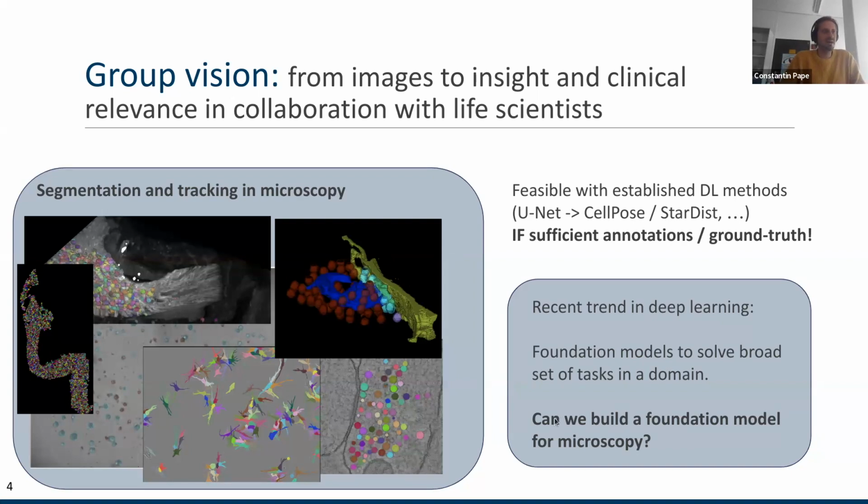So this is the whole motivation for the talk today: to look into the ideas that we had to build foundation models for microscopy, and of course, specifically Segment Anything for segmentation, but also talk a bit more about the outlooks on this and so on.